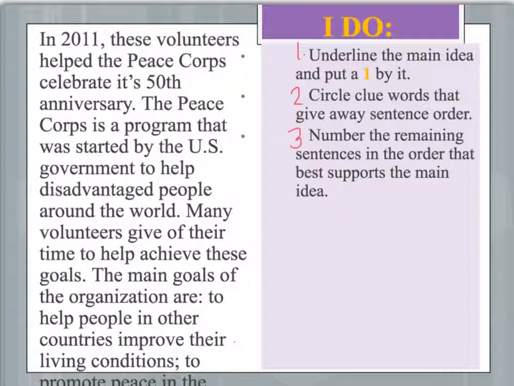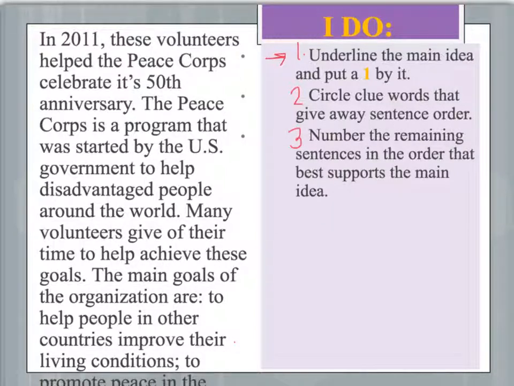So I need to identify number 1, which sentence has the main idea. So I know that this paragraph is about the Peace Corps, and I want to get an understanding of what the Peace Corps is before I go into more details.